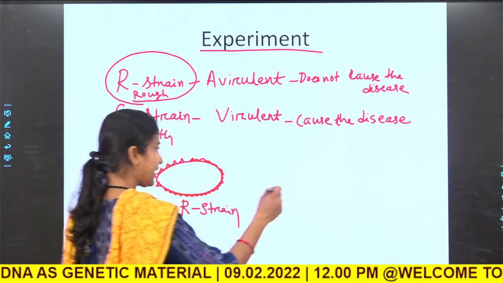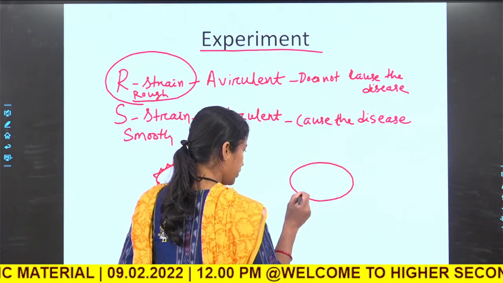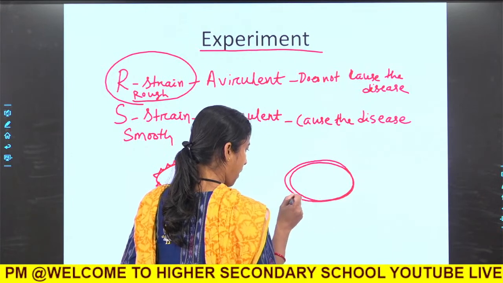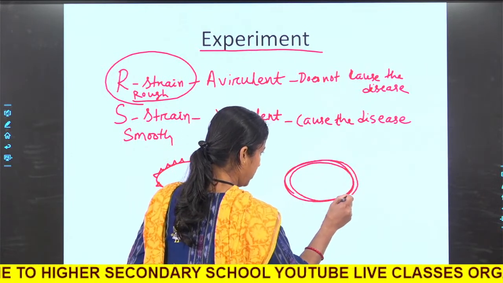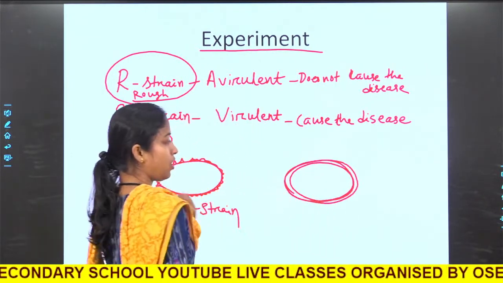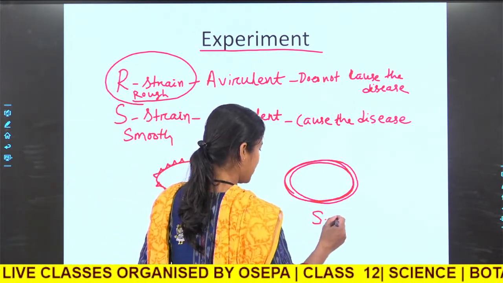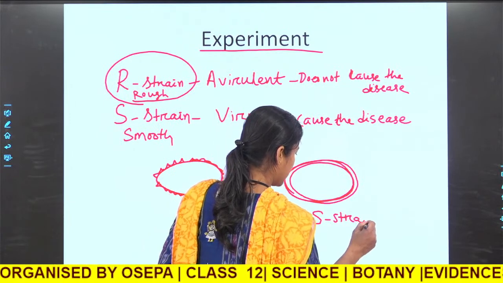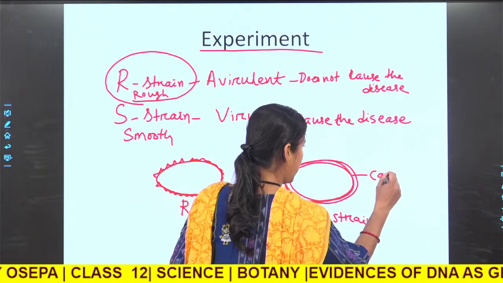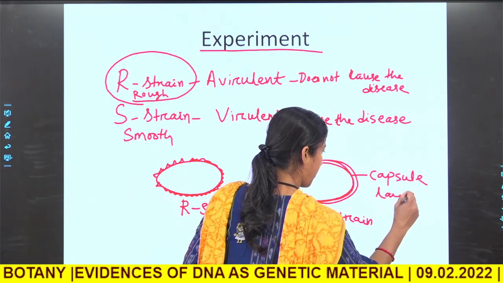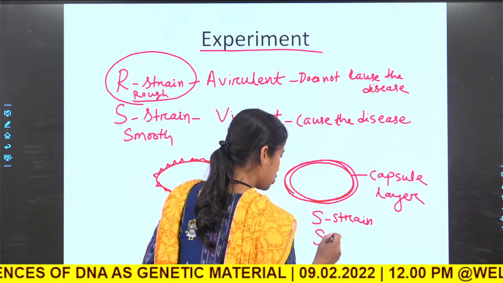whereas there is a capsule layer present over the S strain. So, this is the S strain, and because of the presence of this capsule layer, it appears smooth.